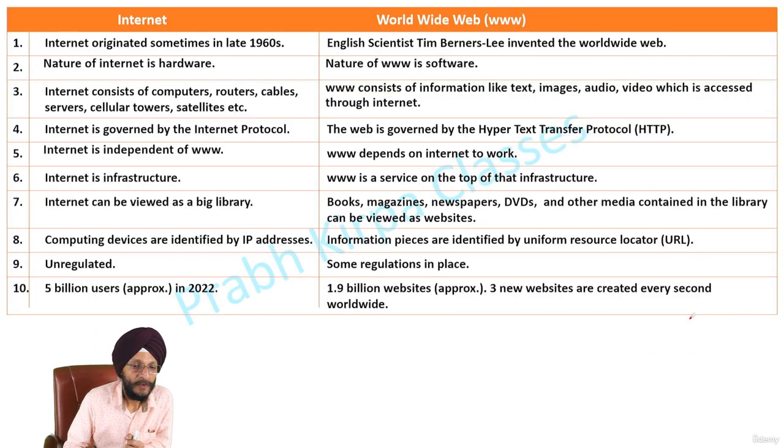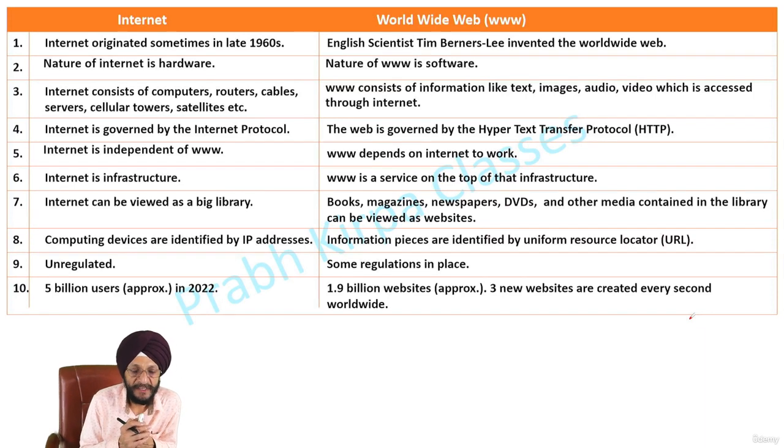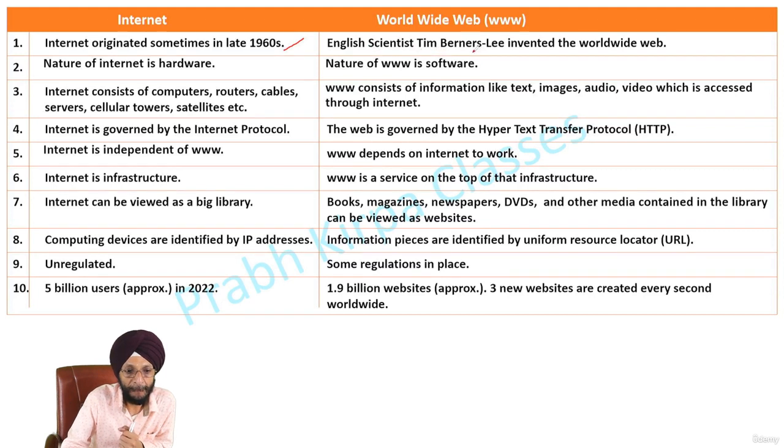Now, we will understand the difference between the internet and World Wide Web in the form of a table. The internet originated sometime in the late 1960s. English scientist Tim Berners-Lee invented the World Wide Web.